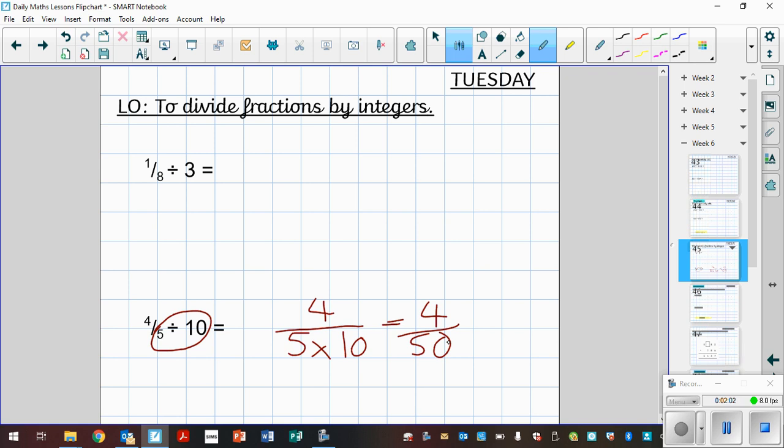So just have a think, could you simplify 4/50? Well, yes, we can do, because we know that a common multiple of both those numbers is 2. How many 2's are in 4? Well, that is 2. How many 2's in 50? Well, that's 25. So our simplified answer there is 2/25. Equivalent fraction of that is 4/50.